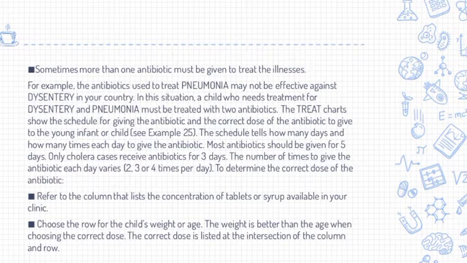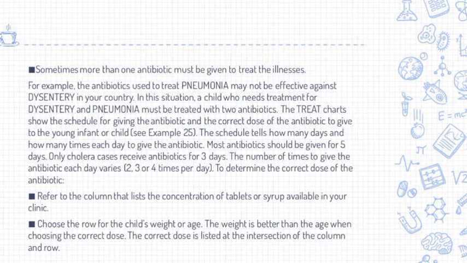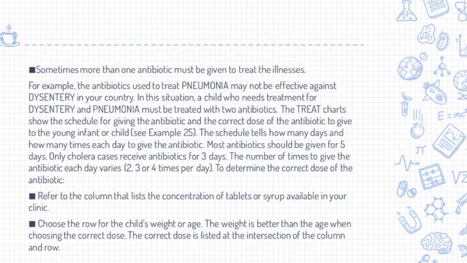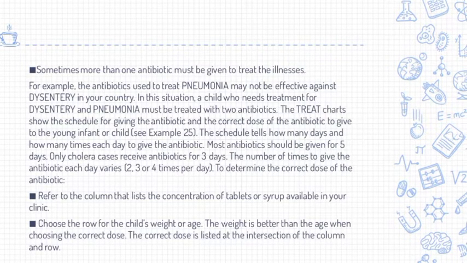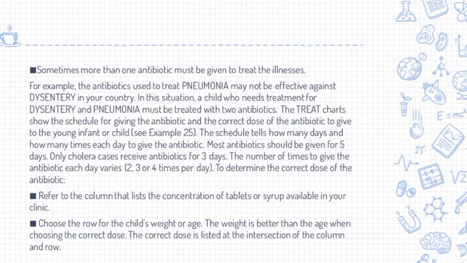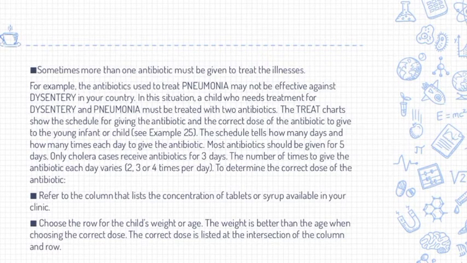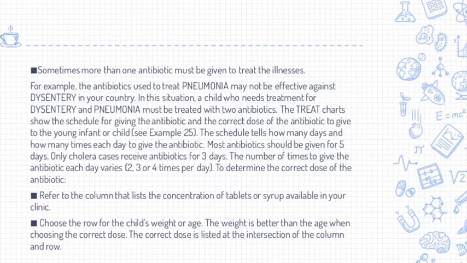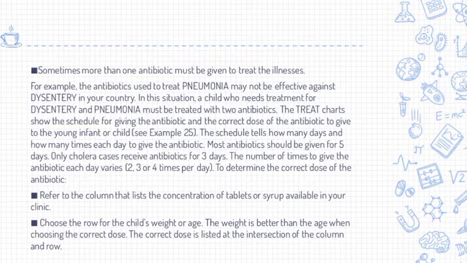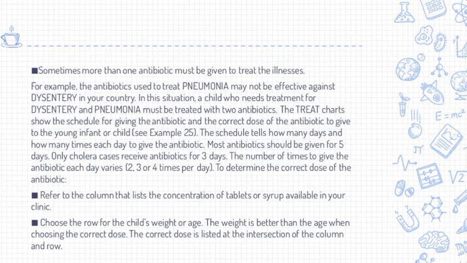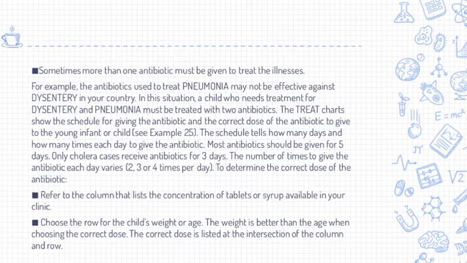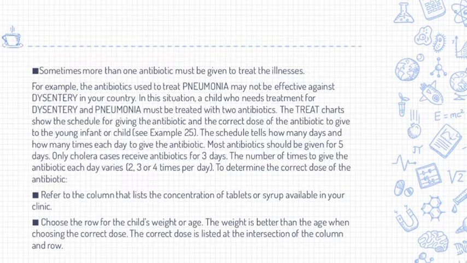In this situation, a child who needs treatment for dysentery and pneumonia must be treated with two antibiotics. The treat chart shows the schedule for giving the antibiotic and the correct dose of the antibiotic to give to the young infant or child.